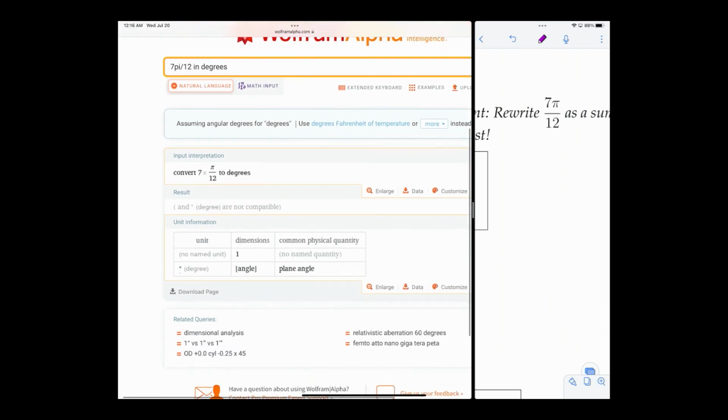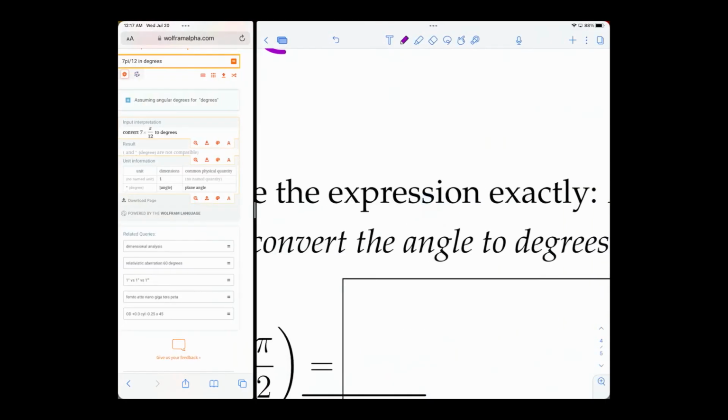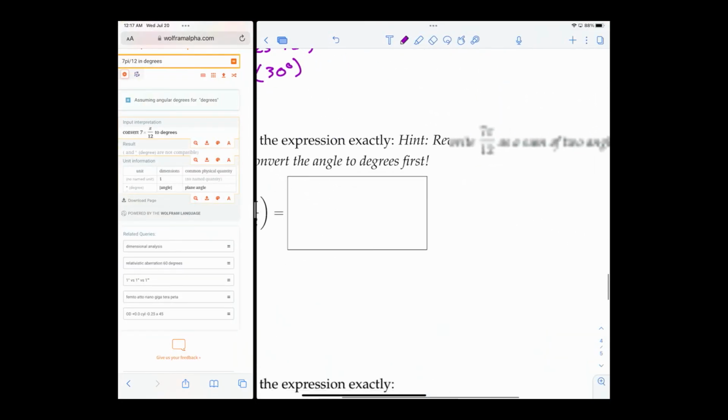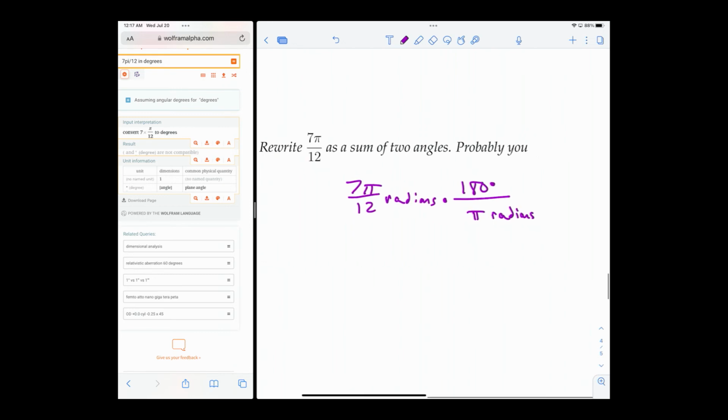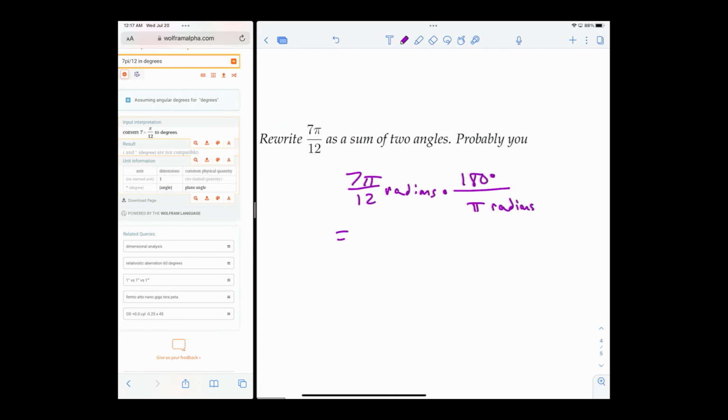It didn't do it. Okay, so I guess we will do it by hand. So 7 pi over 12, that's radians. And of course it should be negative, but I'll just change it at the end. And then what you need to know is that pi radians is 180 degrees. So when you multiply this out, multiply across the top, you get 7 pi times 180.